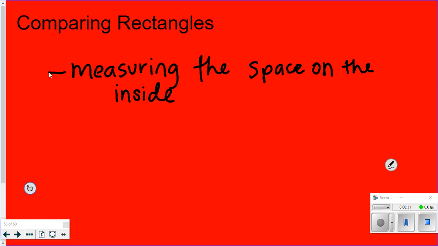So area? Measuring a space on the inside. We have a specific word for when we do this kind of measuring. What is it called when I'm measuring the inside of a shape, in this case, a rectangle? Mason? It's not perimeter. Shelby? Area. Area is measuring on the inside.